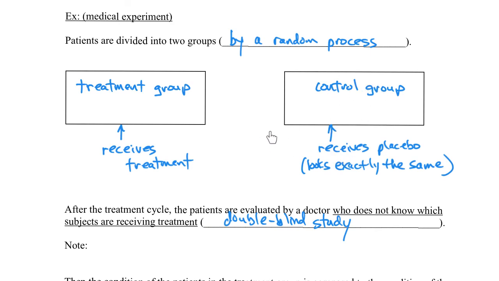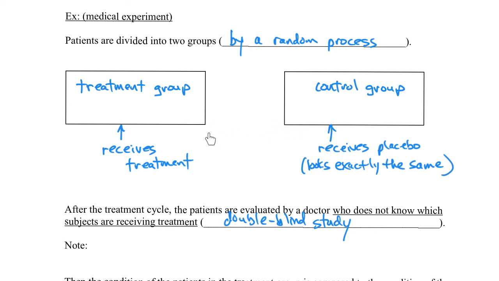So the way these are done is you have to have this comparison, because typically both groups will improve, if nothing else, from the placebo effect. So this group has to do much better than this group. And we measure that phrase much better using statistics, which we'll find out later how to do that. But the key is you need these two groups.